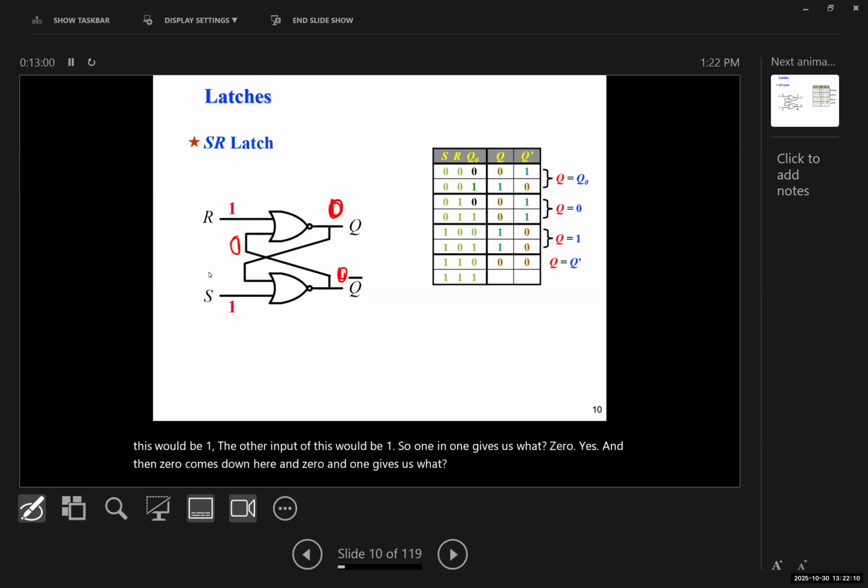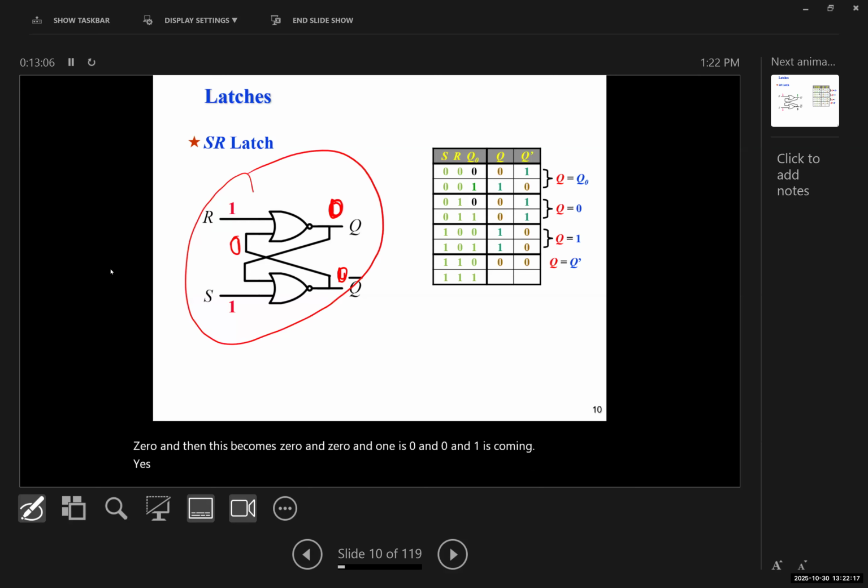And then this becomes 0. And 0 and 1 is 0, and 0 and 1 is coming. Yes, it just flips back and forth, like a domino, until it stabilizes. So whatever you give it, it doesn't matter. As long as R and S are 1, 1, we don't care about Q technically. Q would be equal to Q bar.